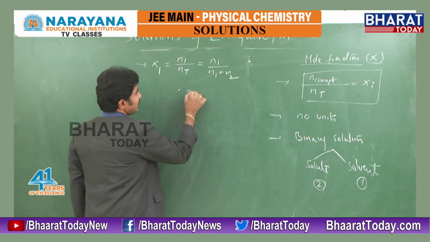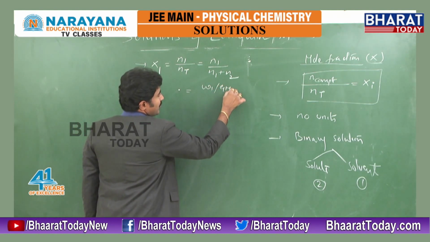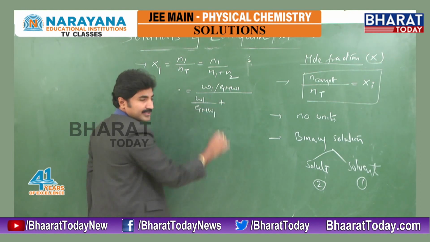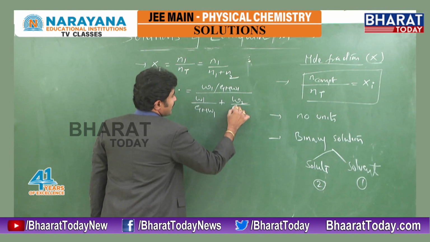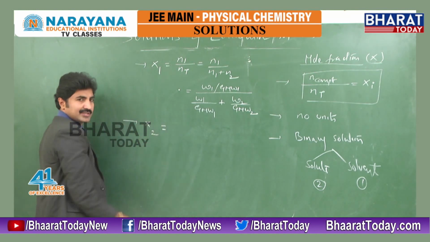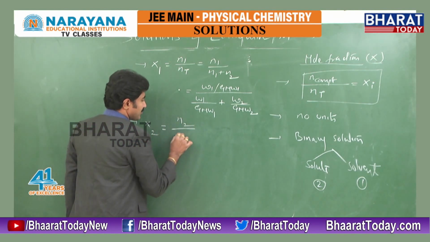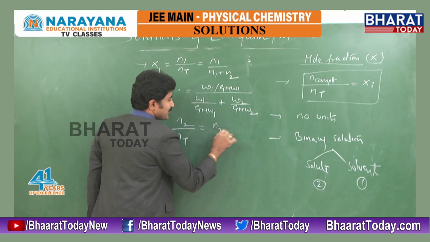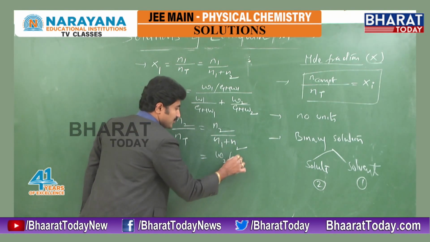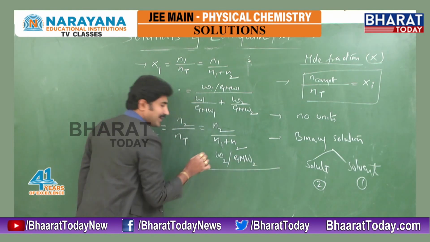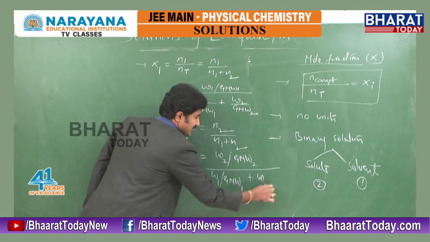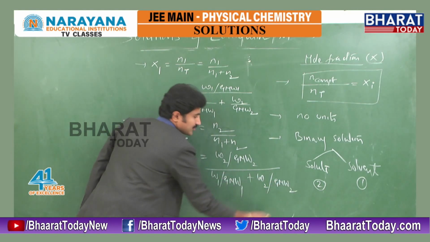In terms of weight, it is W1 by gram molecular weight of the solvent, by W1 by gram molecular weight of the solvent plus W2 by gram molecular weight of the solute. Similarly, the mole fraction of the solute X2 is N2 by N total, that is N2 by N1 plus N2. In terms of mass, this is W2 by gram molecular weight of the solute, by W1 by gram molecular weight of the solvent plus W2 by gram molecular weight of the solute.